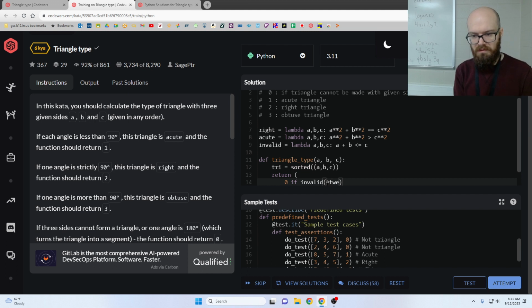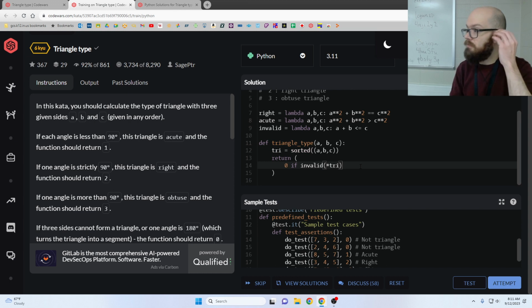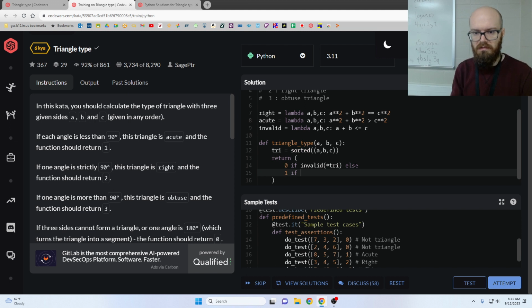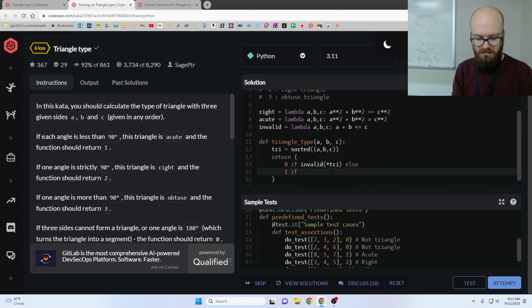And so if we put that try through the function and it comes up with a true, then that means whichever particular function we're looking for is the answer. So 0 if invalid, else 1 if acute, else. Now you could make a dictionary, you could do other ways to find the else stuff, but let's say we just got it this way.